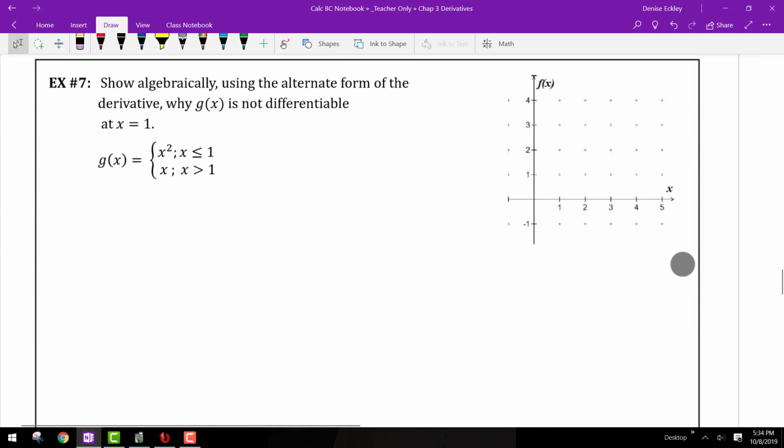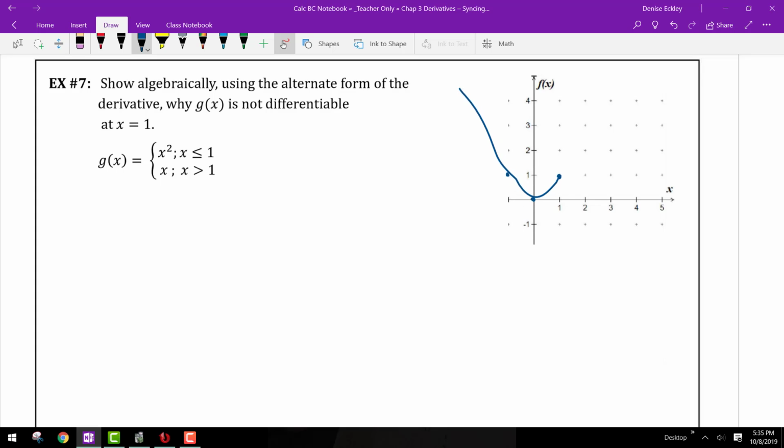Okay, next example. Show algebraically, using the limit form of the derivative, why g of x is not differentiable at x equals 1. So let's first check that for ourselves. Let's graph the function. So what we have here is a parabola where x is less than or equal to 1. So at 1 we are here, and then we're at 0, and then negative 1.